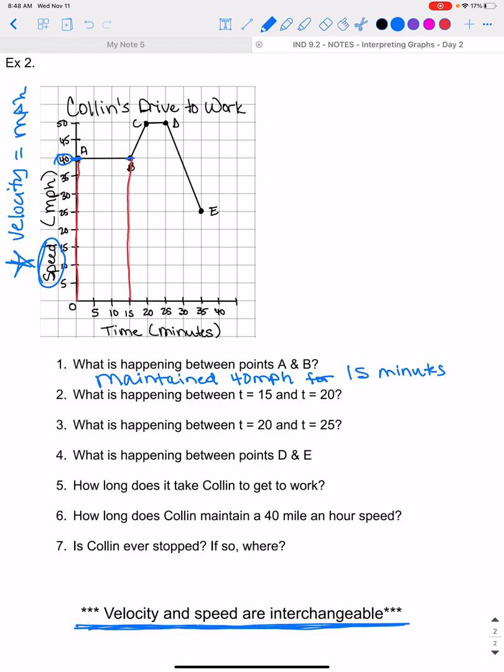All right, so now we want to know what is happening between T15 and T20. Got a little happy and started to skip one. All right, so first let's look. So T15, that's here. Okay, T15, that is here.